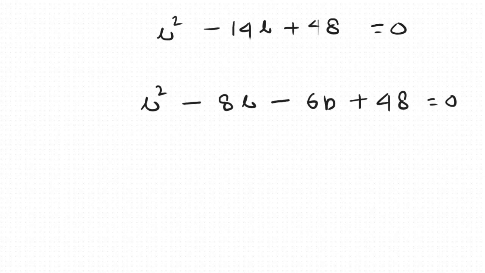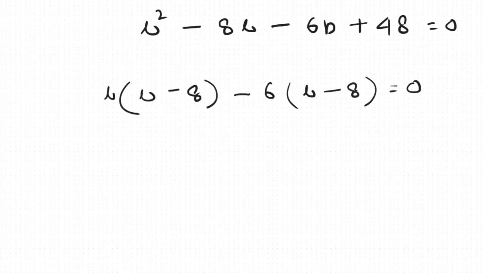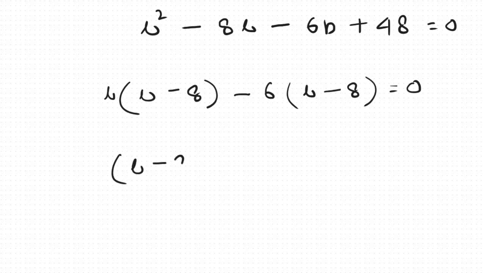If we take B as common term, we write B times B minus 8, and if we take 6 from here, we can write minus 6 times B minus 8 equals 0. From here we get B minus 8 times B minus 6 equals 0.